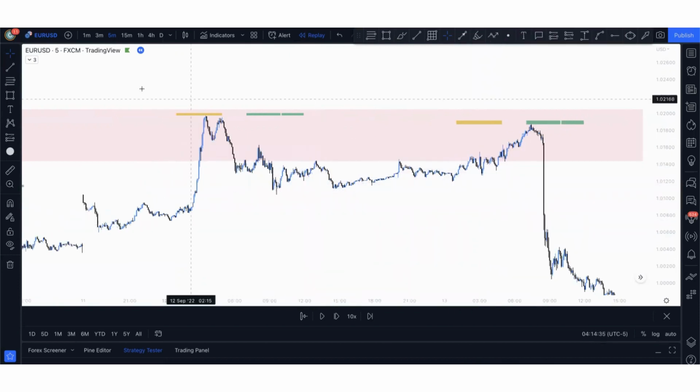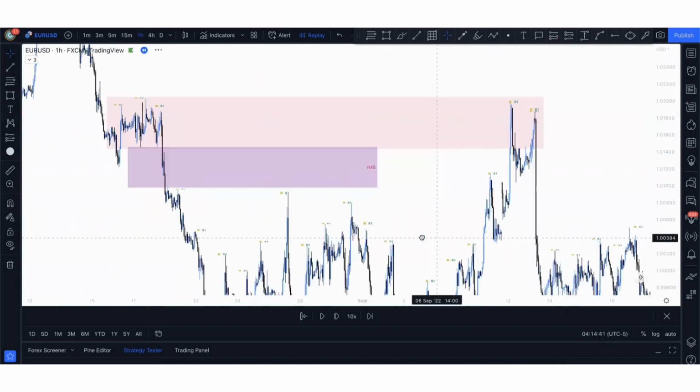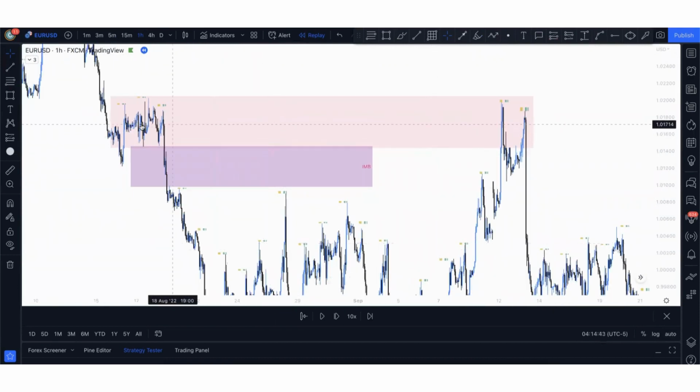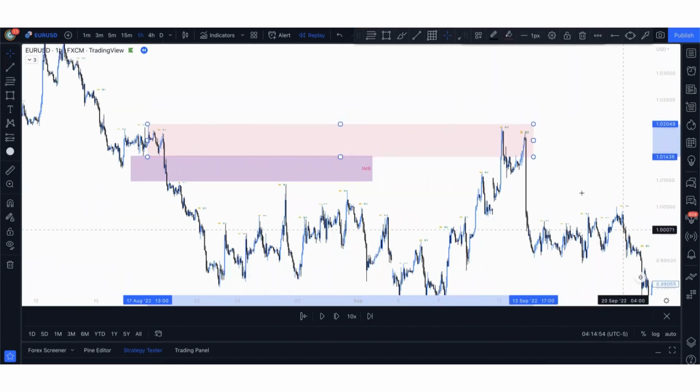I just want to highlight: don't take trades like, if you see this order block here, you just place a trade and then watch it go to the downside. No, it's just an indicator that you can monitor.